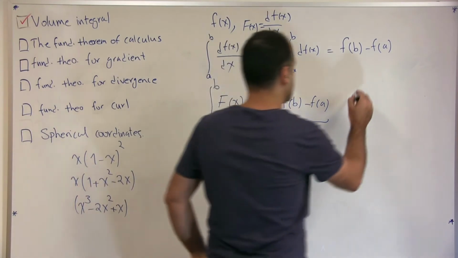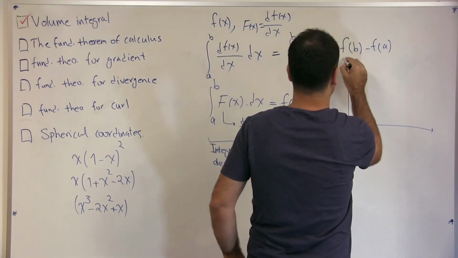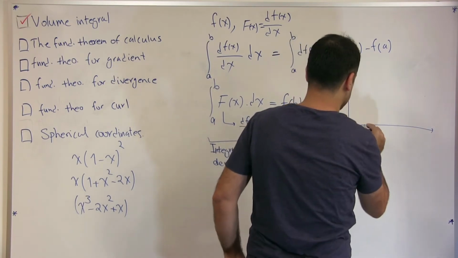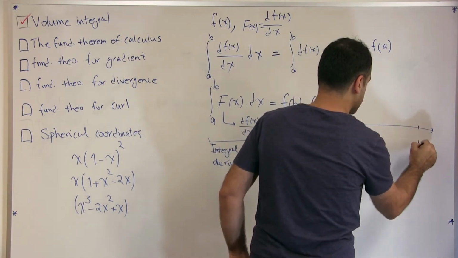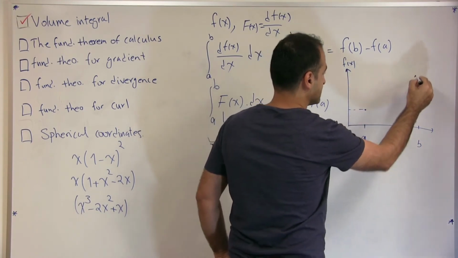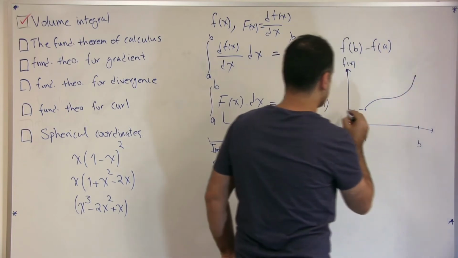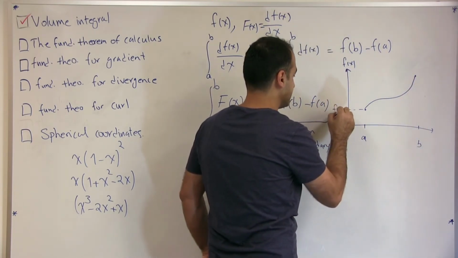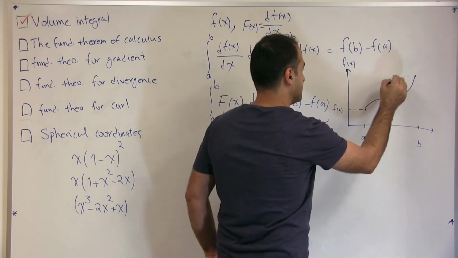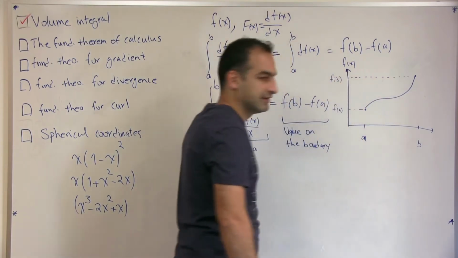If you look at this function on a graph like this, let's say here we have f(x), this is a, and this is b, and imagine from a to b the function takes a path like this. Of course this is f(a), and then here we have f(b).